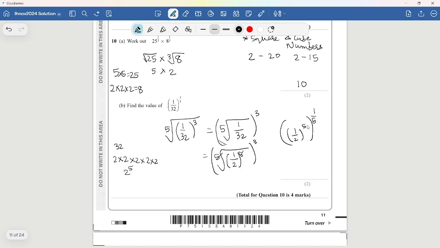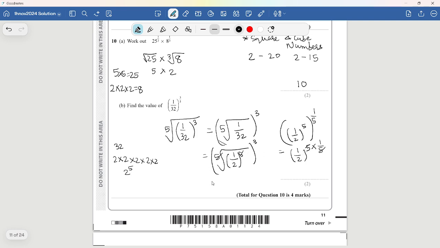So this is like saying half power 5 times 1/5, because these two are in powers. They cancel out to make the power just 1. So that's just half.